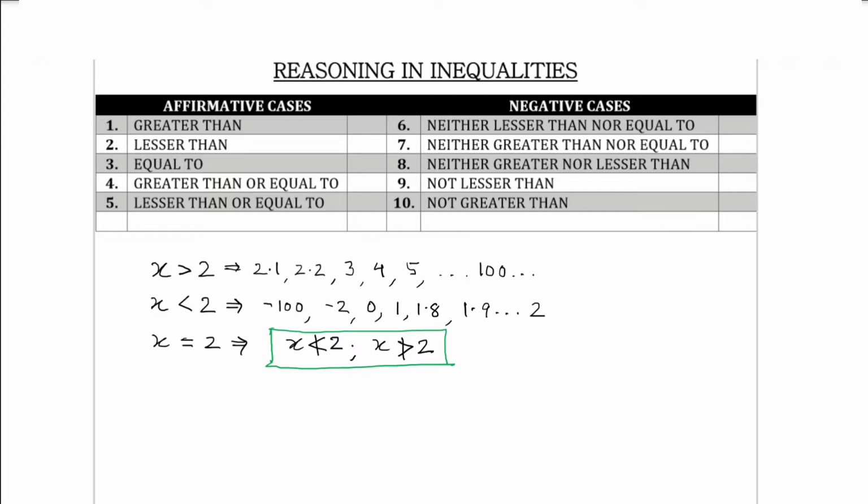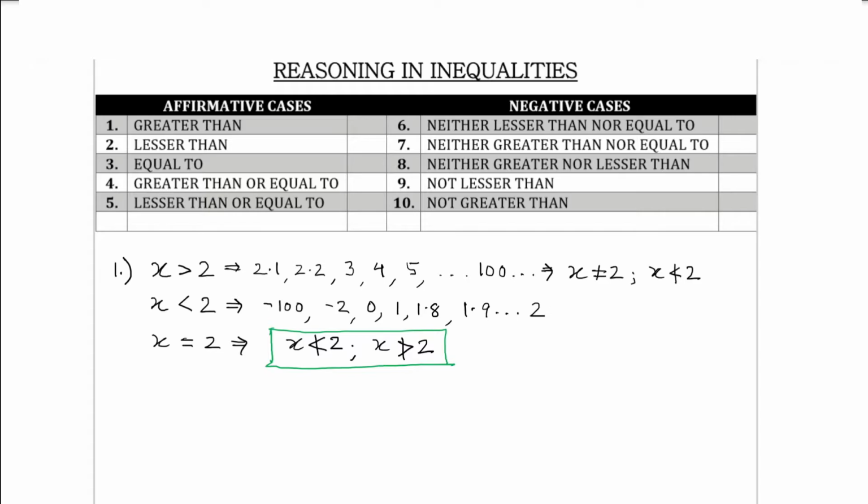Let's come back to the first case. The first case was x is greater than 2, where x is a real number. So what do we mean to say? We mean to say that x is not equal to 2, and at the same time we are not talking about x being lesser than 2.